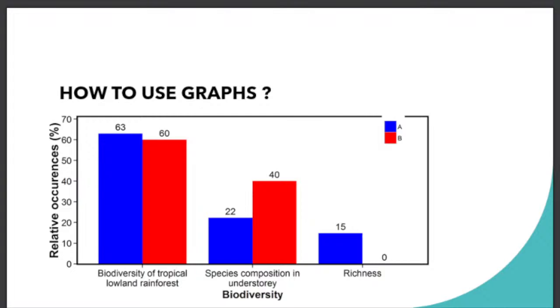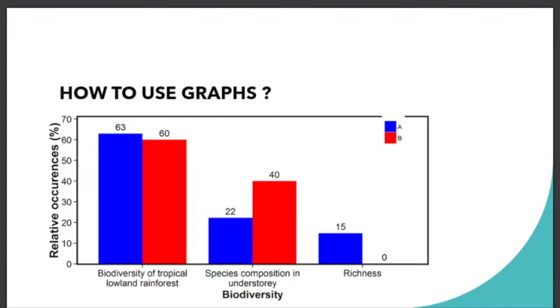The next bar graph, bar B, shows us there's 60, which means it's decreasing. Now, the next one, species composition in understory. For bar A, it shows us that there are 22 relative occurrences. Bar B shows us that it's increasing to 40.